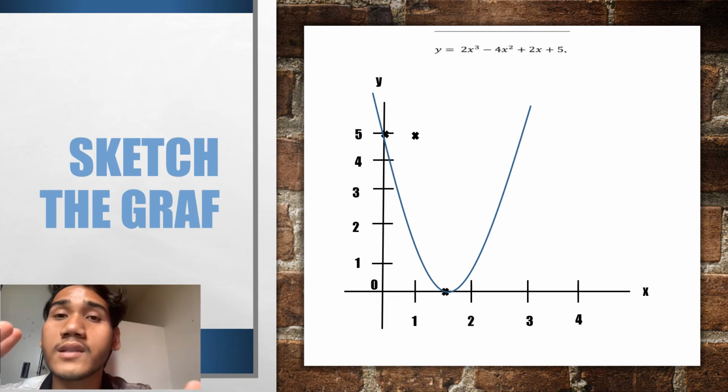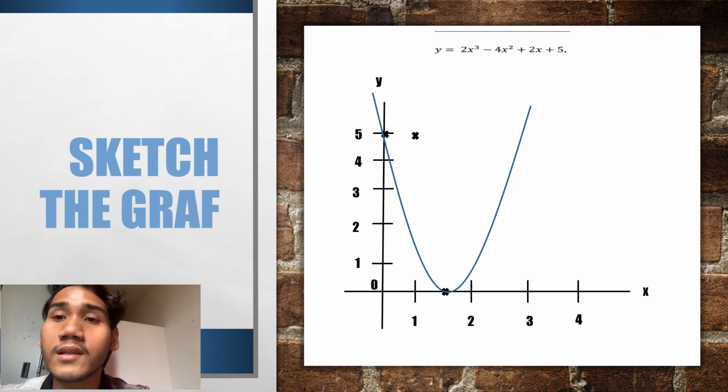Going on to step 3, which is to find the x and y intercepts. Firstly, we find the y-intercept by changing the value of x to 0, so y equals 2x^3 minus 4x^2 plus 2x plus 5, and we get the final answer, coordinate (0, 5). Why 0? Because x is 0.